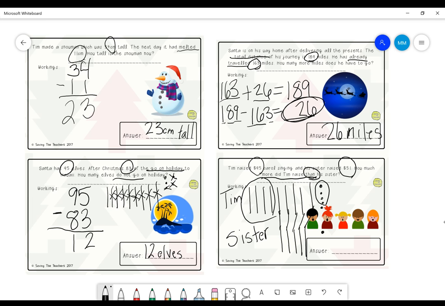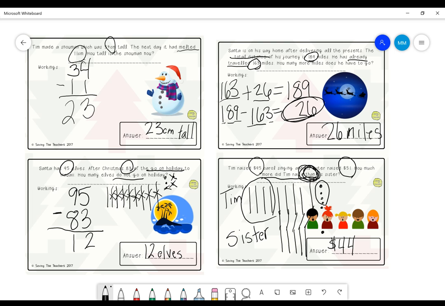So Tim made 4 tens and 4 ones more than his sister. So he made $44 more than his sister. That one is really tricky. Anytime that we see that word than, that means that we are going to compare our numbers.